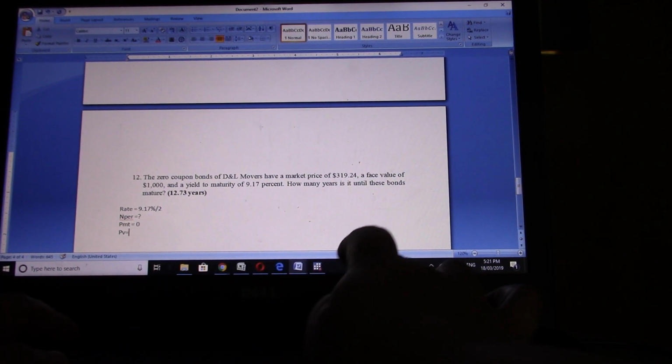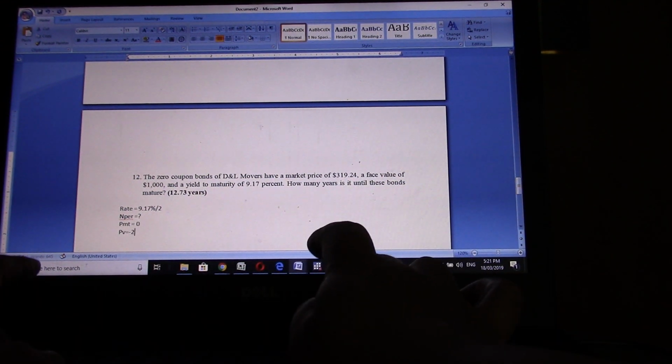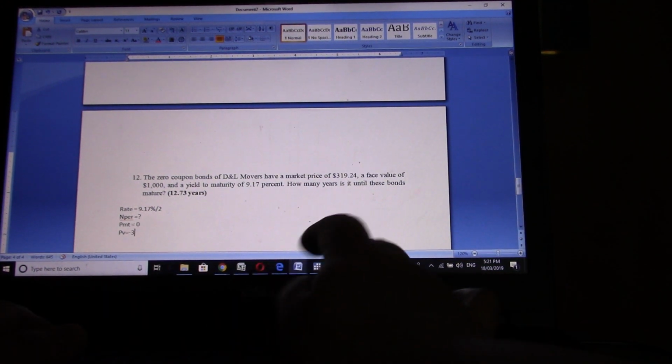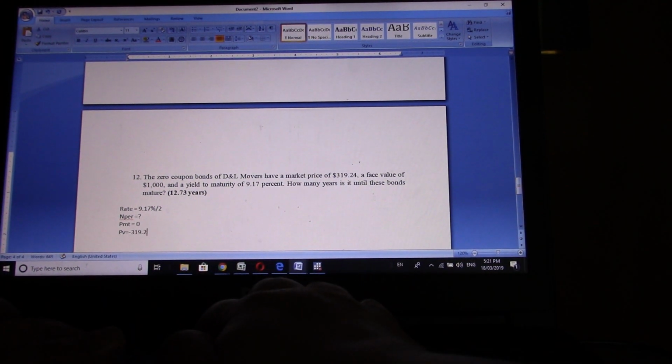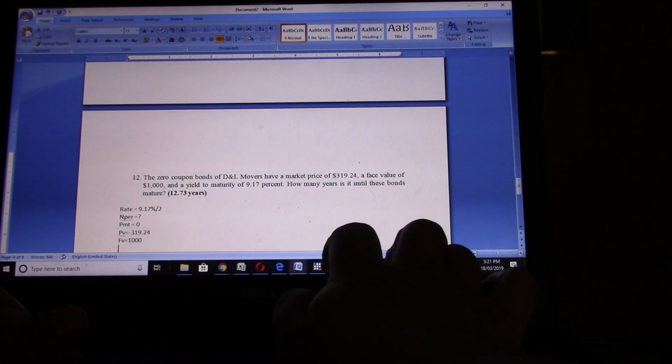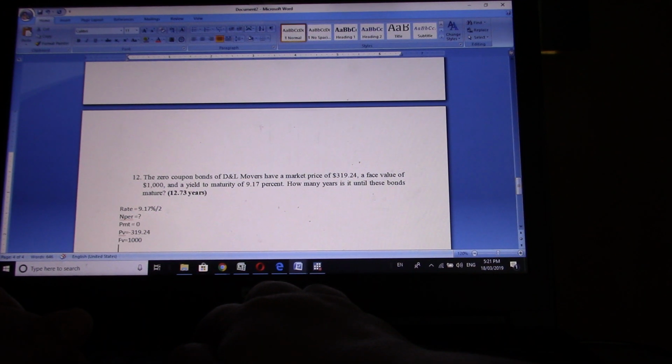PV is negative 319.24. FV is 1,000. However, when you get the Nper, you should divide it by 2.